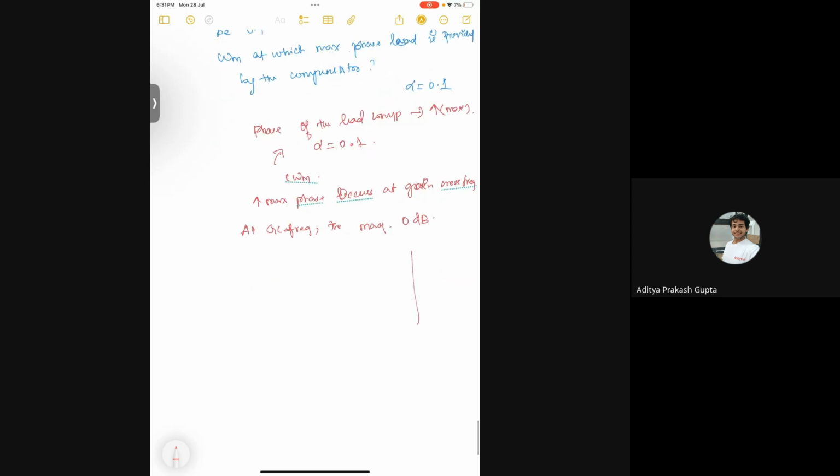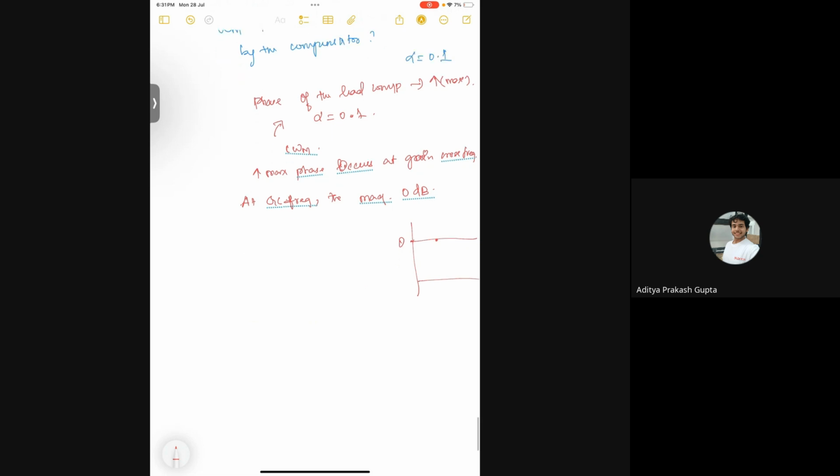So at 0 decibels, the gain crossover frequency occurs. So we know this. While using, okay, I think it's Bode based design. Okay, let me do one in root locus also.